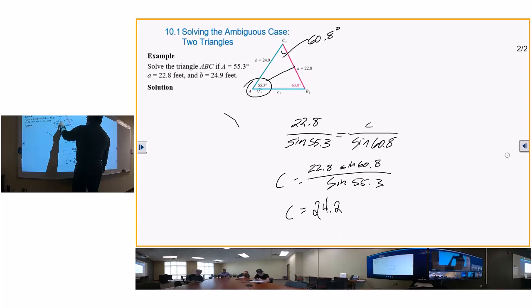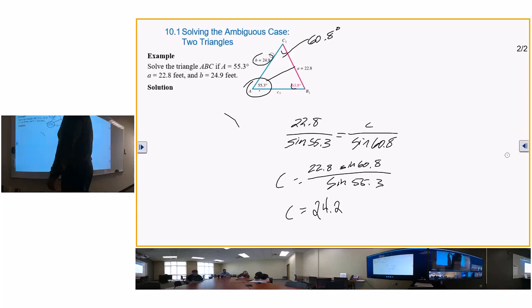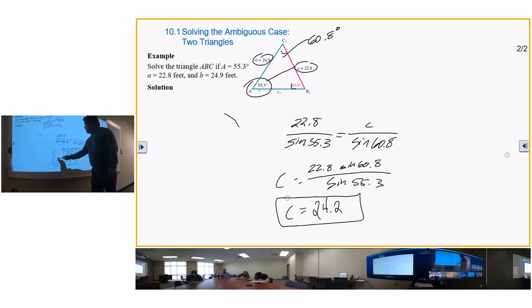They got that by using the law of sines. That's the first thing you do, find B using these three given values. And I just went ahead and found side C. 24.2 should be your answer for C.